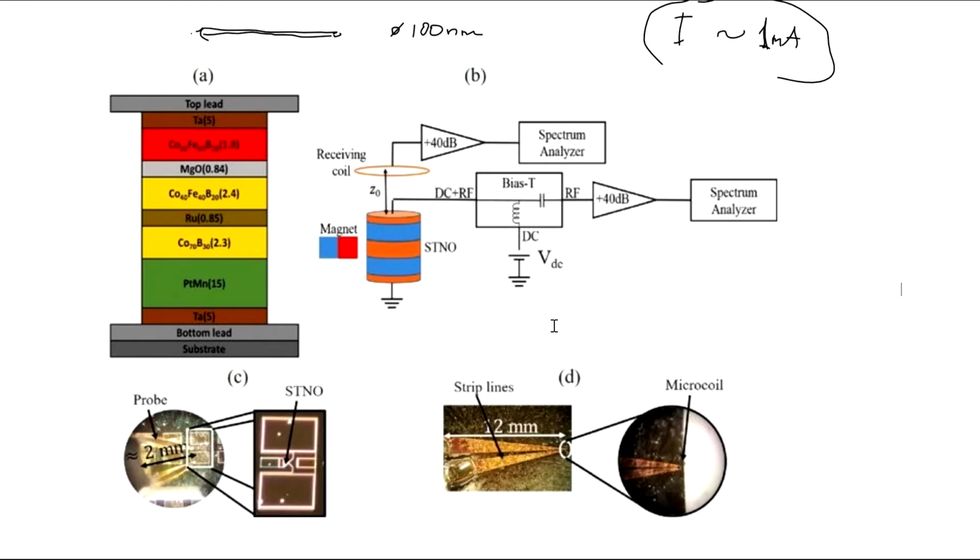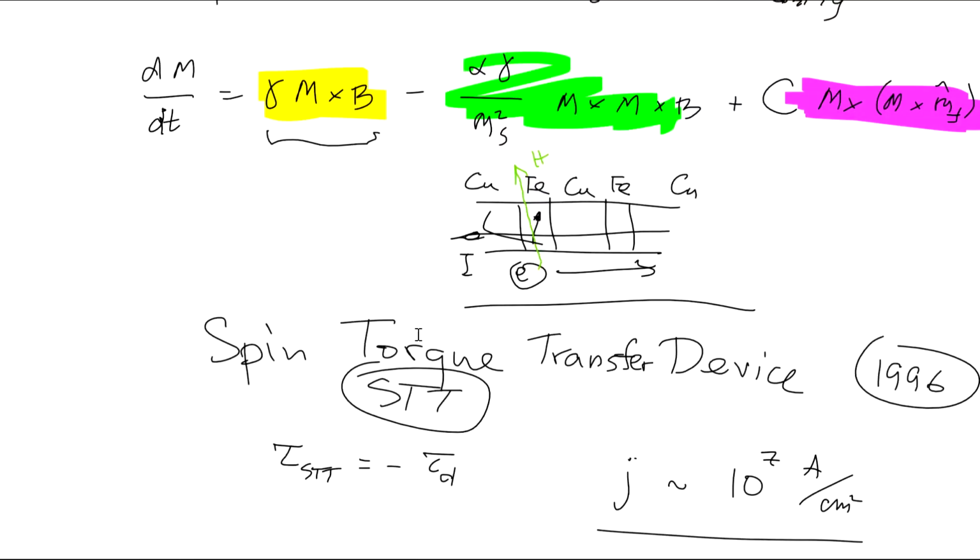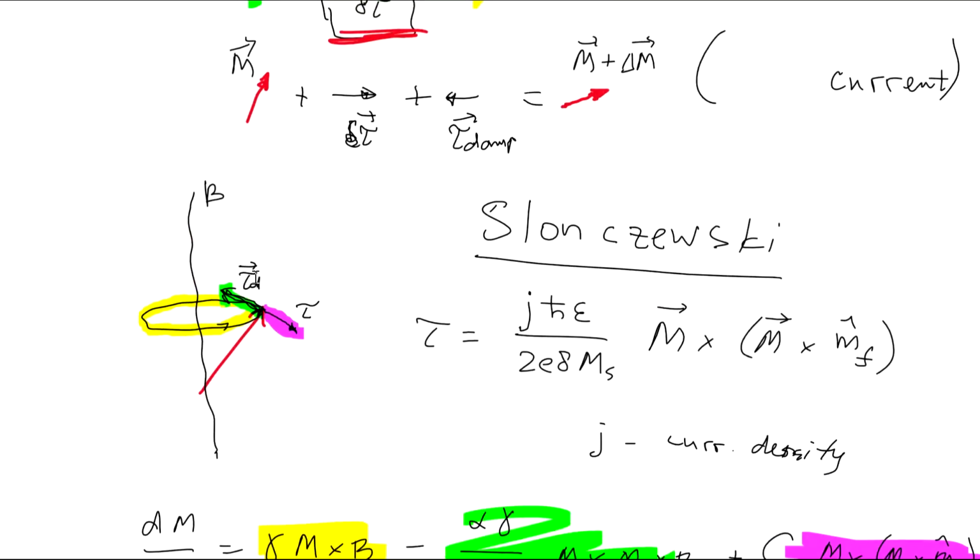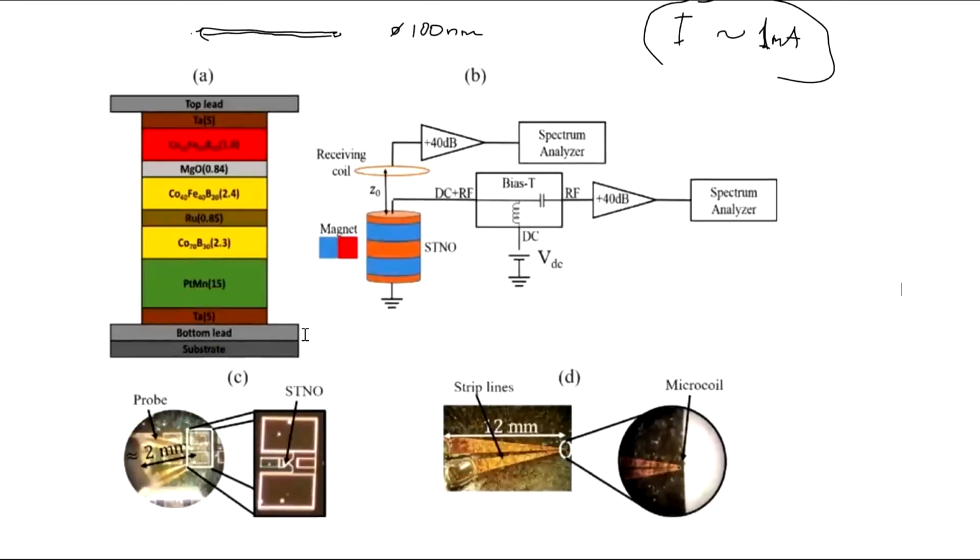A spin torque nano oscillator is a spin torque device where we compensate the damping torque by the spin transfer torque applied by the current. So there are 2 magnetic metals, this blue and another blue, with a spacer, and they apply a certain magnetic field and analyze the spectrum of this oscillating portion.